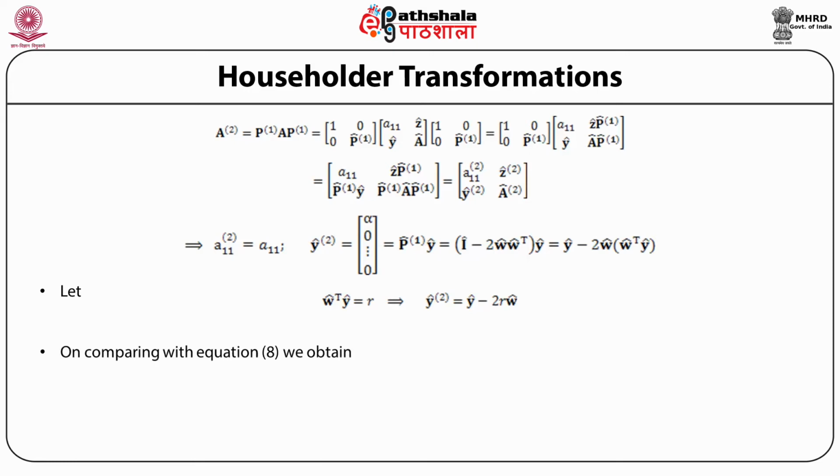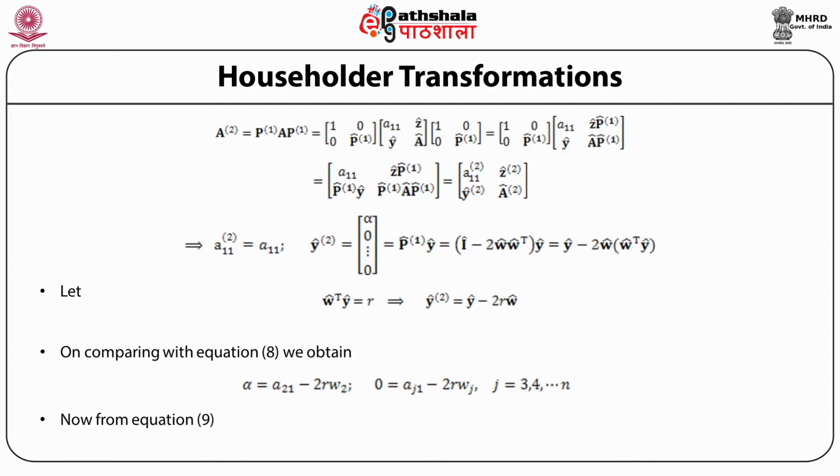So on comparing the above equations, we obtain alpha equals a21 minus 2r w2, 0 equals aj1 minus 2r wj, where j takes value from 3 to n.